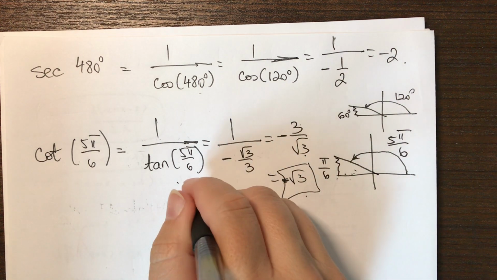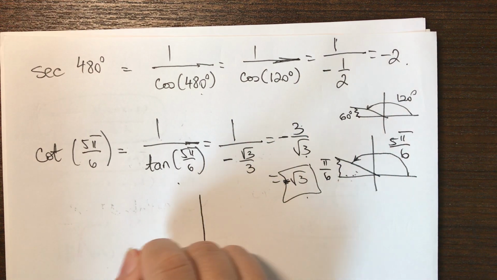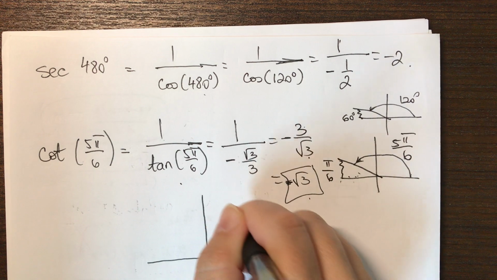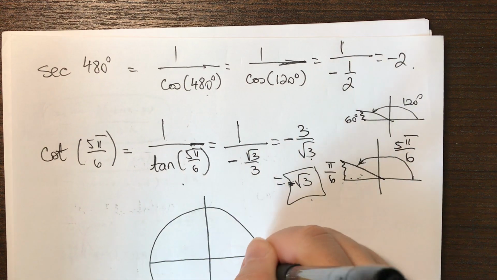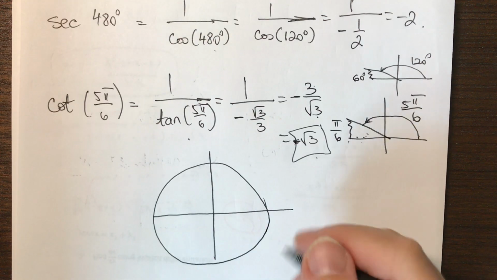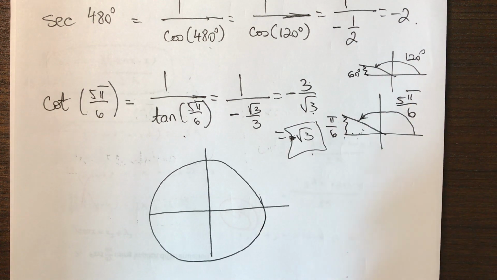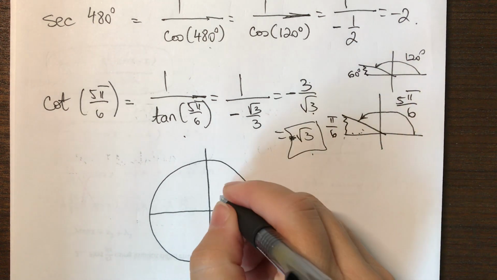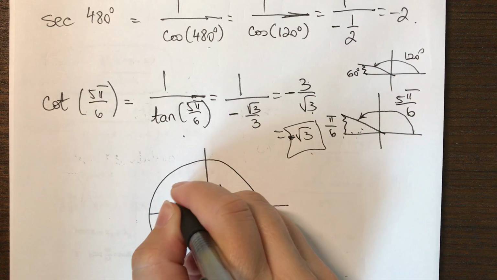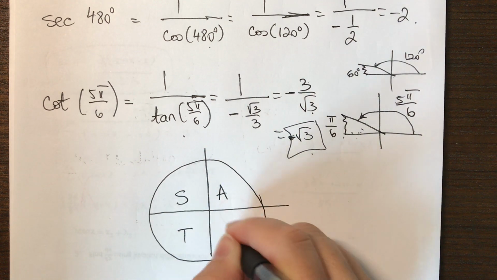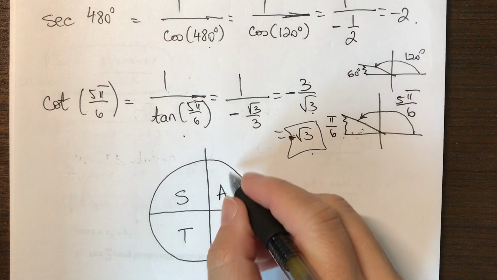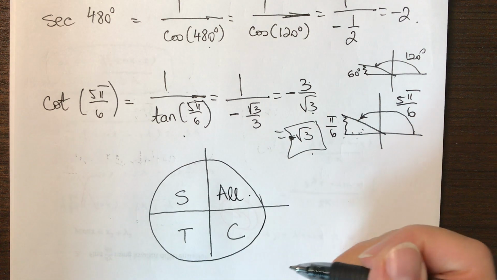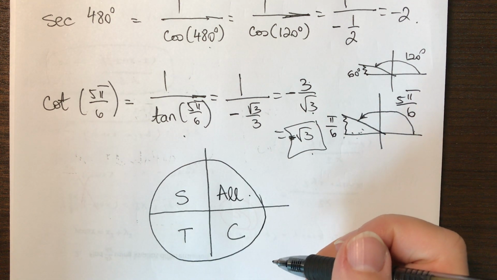One more time, I just want to review with you the signs. We did talk about it in 5.2, the mnemonic about all students take calculus. What does that mean? It means they're all positive in the first quadrant.